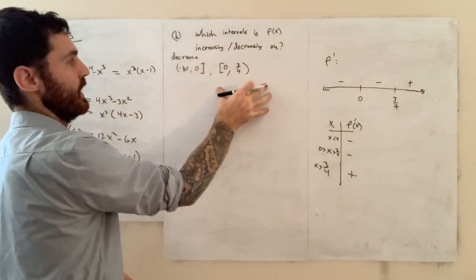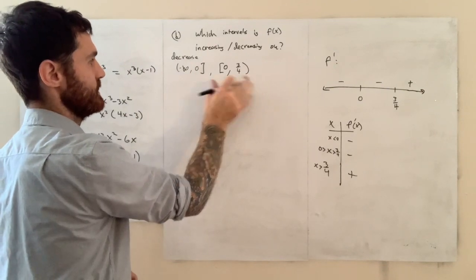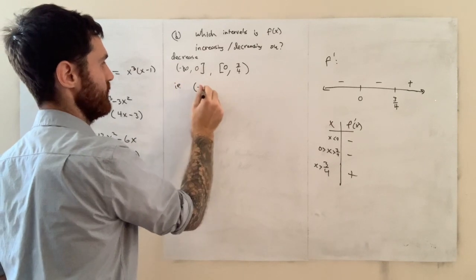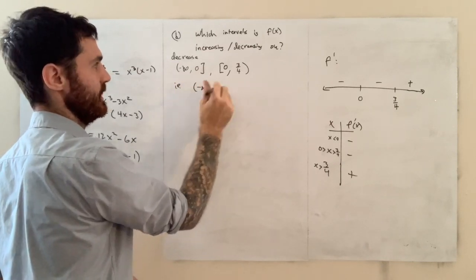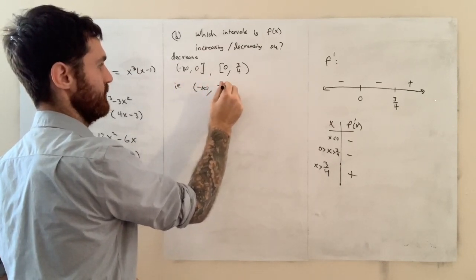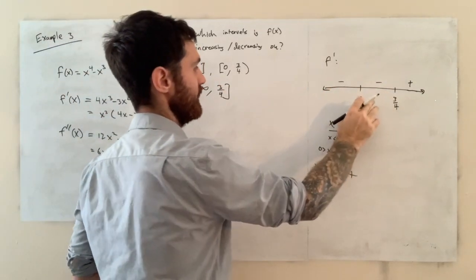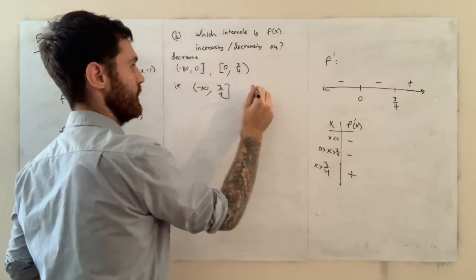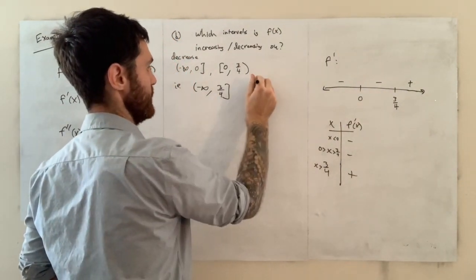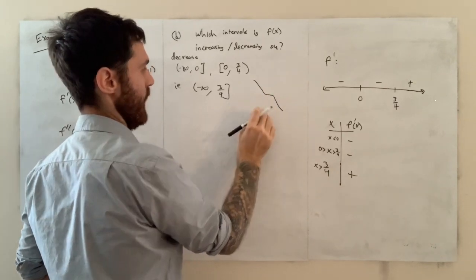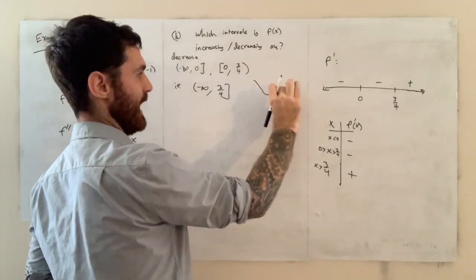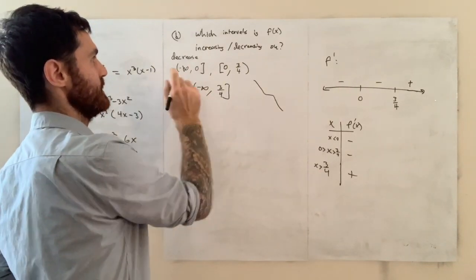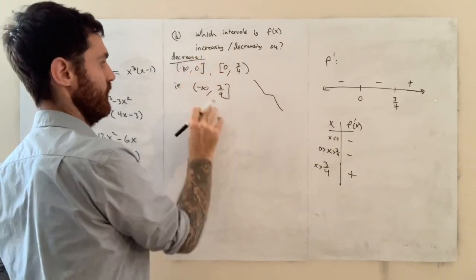And there's a convenient way of writing this. We can just write it as one interval from -∞ to 3/4. That's where it's going to be negative. Even though it's equal to 0 here, it kind of stops there. What it's going to look like is something like this, where it has this flattening out point, but it's going to keep decreasing. And it's still going to be decreasing on this interval.